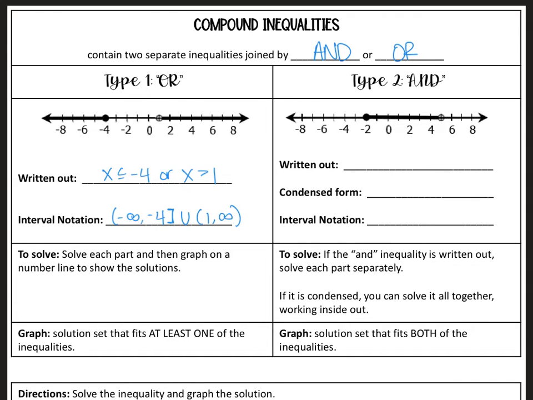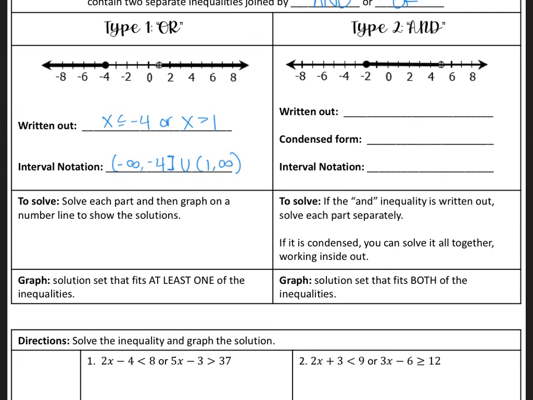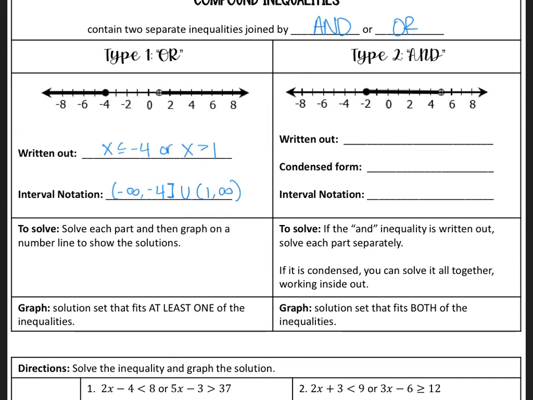So the solution is any number that's in between negative infinity and negative 4, or in between 1 and positive infinity. So to solve this type of compound inequality, you solve each part and then graph on a number line to show the solutions. The graph is just the solution set that fits at least one of the inequalities.